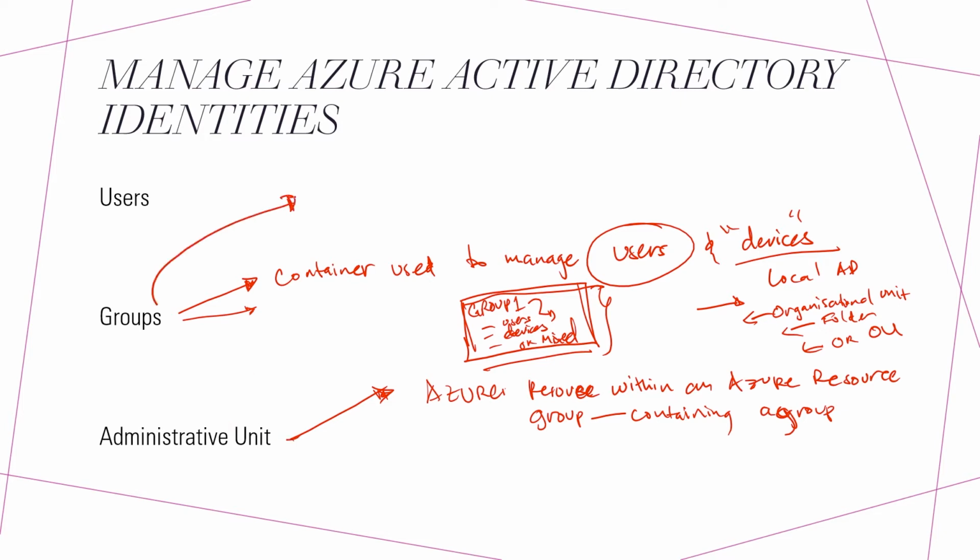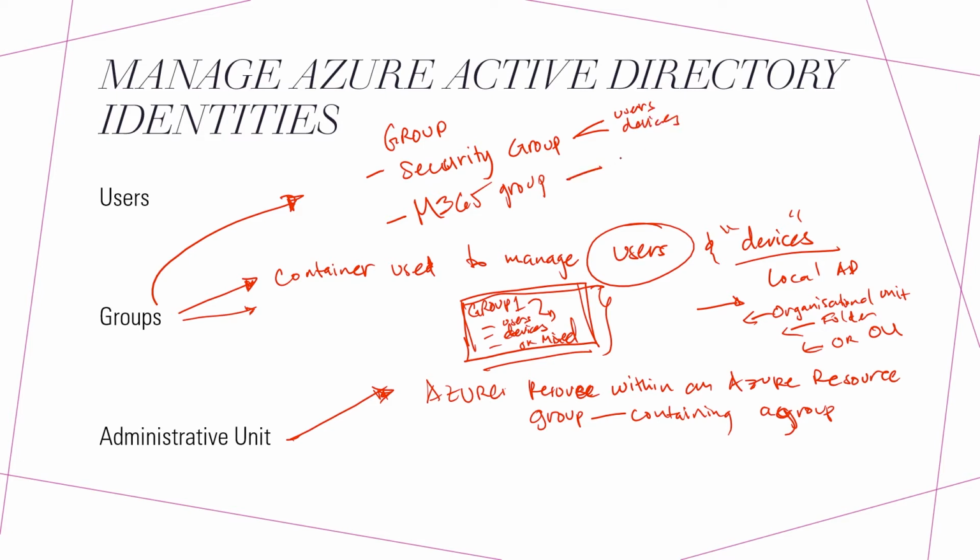If there are different user types, there are also different group types. There are two different groups in Azure AD that you can create: a security group and a Microsoft 365 group. A security group is what you would most likely use for managing users and devices.